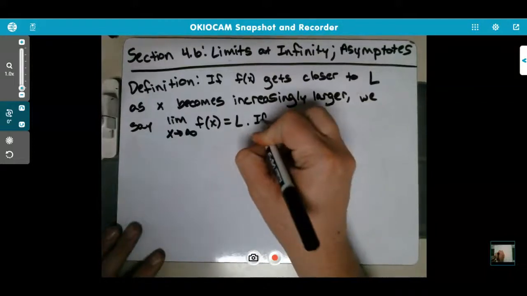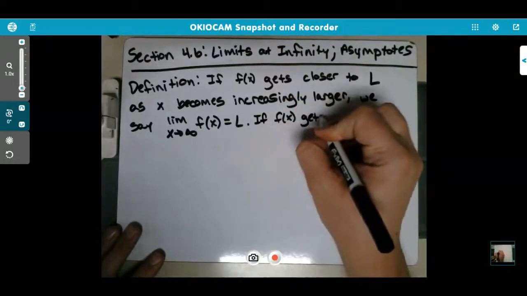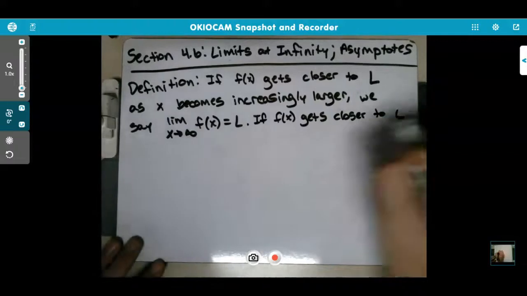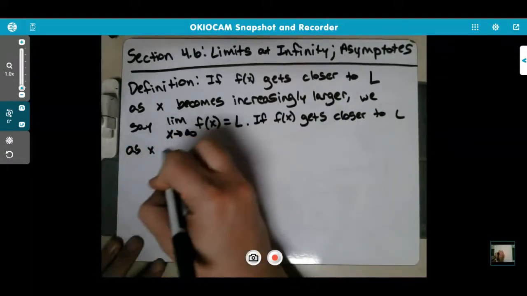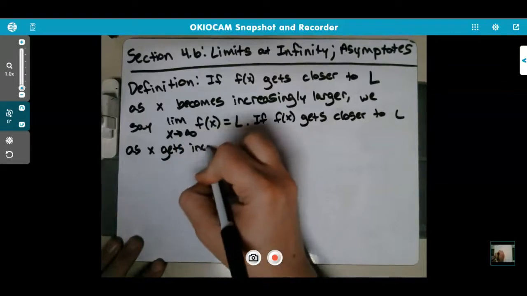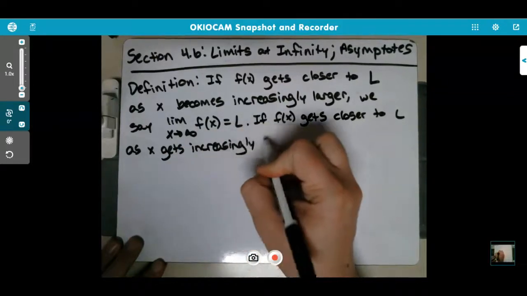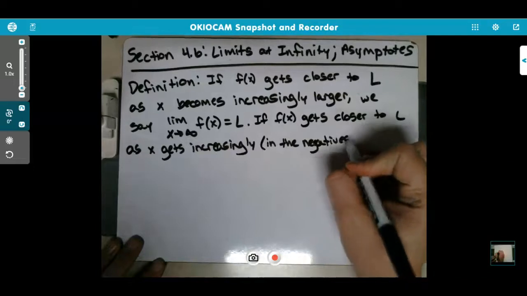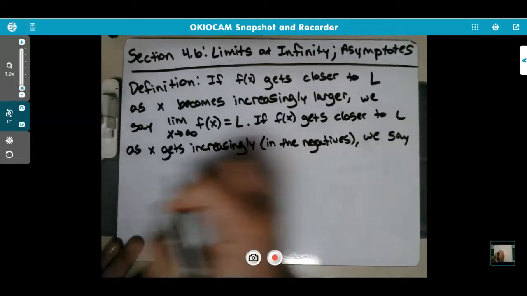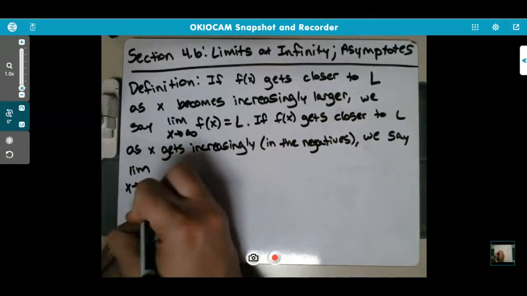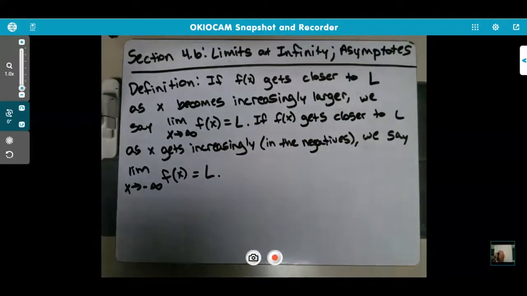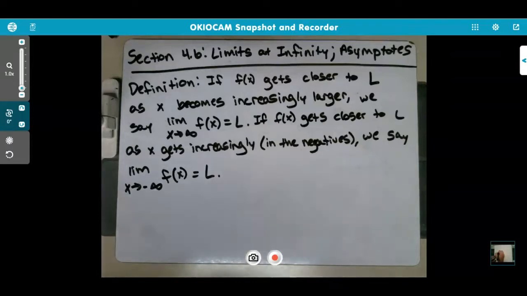On that same note, if f of x, excuse me, gets closer to L as x gets increasingly smaller, and by smaller I actually mean in the negatives, we say the limit as x approaches negative infinity of f of x is equal to L. So what I want to do here is see what happens as x gets really, really large, and then also what happens as x gets really, really small.